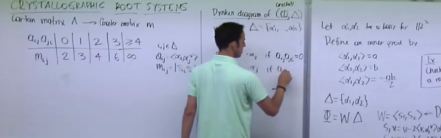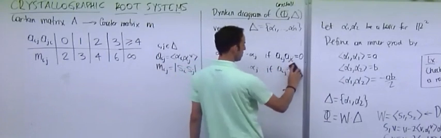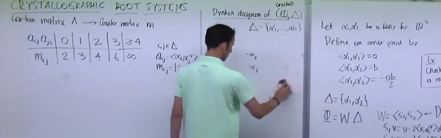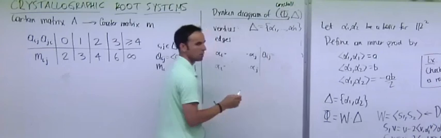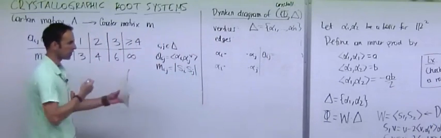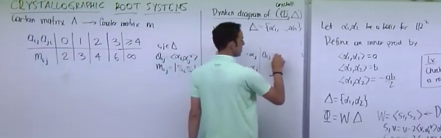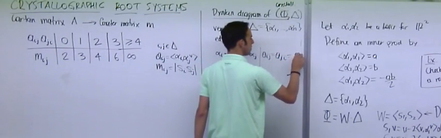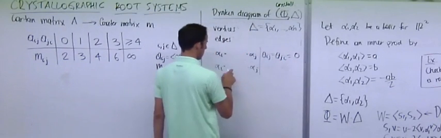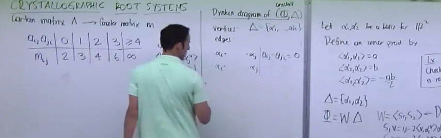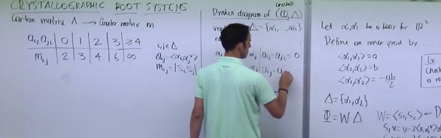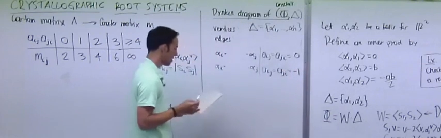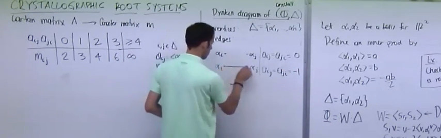We know that if the product is 0, then both of them are 0, because we said that the zeros are located symmetrically. So if they're both 0, it looks like this. Now, if the product is 1, that means that they're both negative 1. Okay. And in that case, I join them.